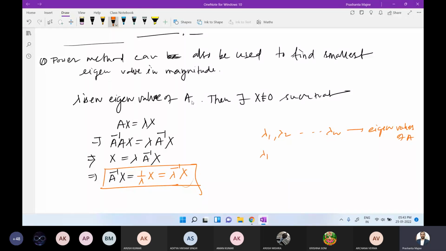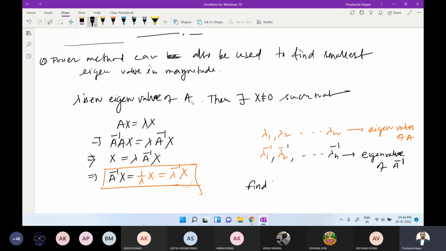So lambda 1 inverse, lambda 2 inverse, up to lambda n inverse will be the eigenvalues of A inverse. So what will be your aim? Find out the largest eigenvalue of A inverse.